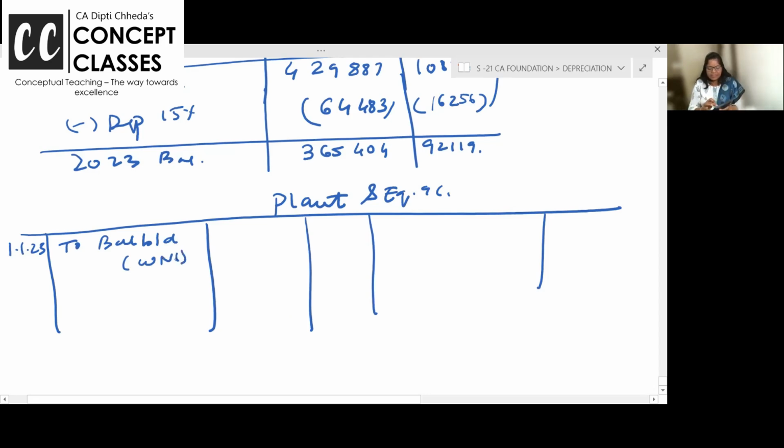You have already seen how much depreciation was charged and what the value is. 4,57,523 is the balance brought down.